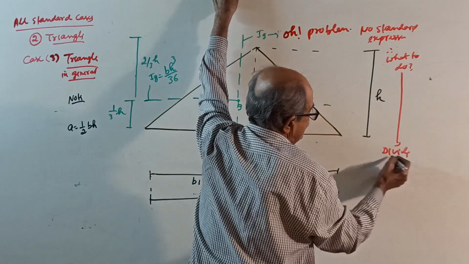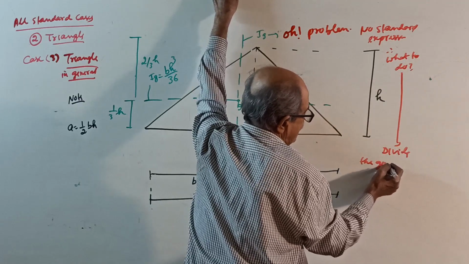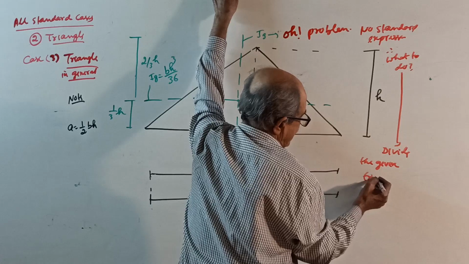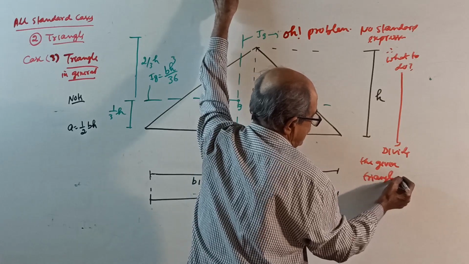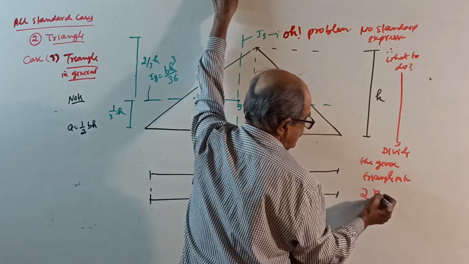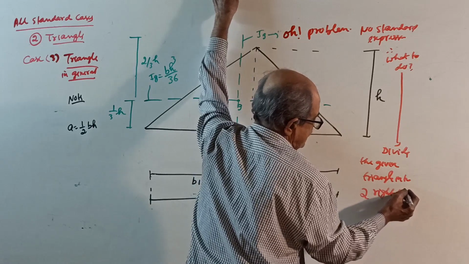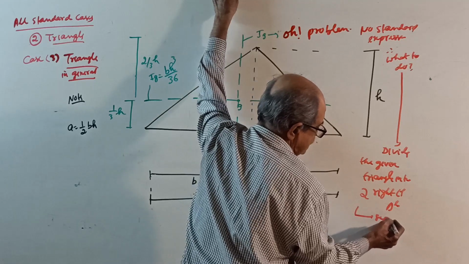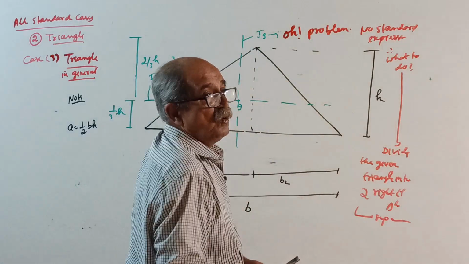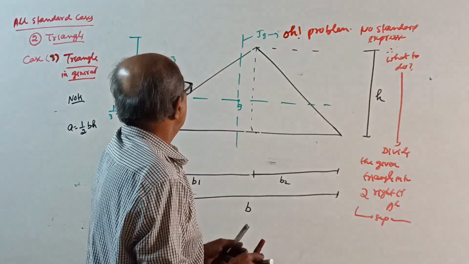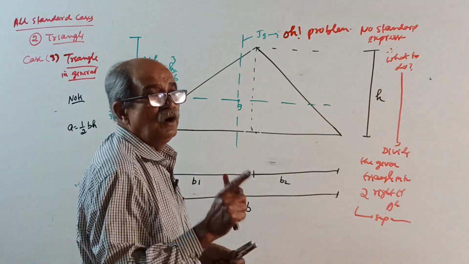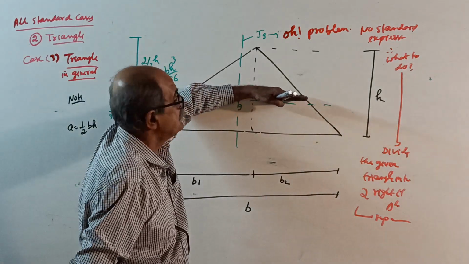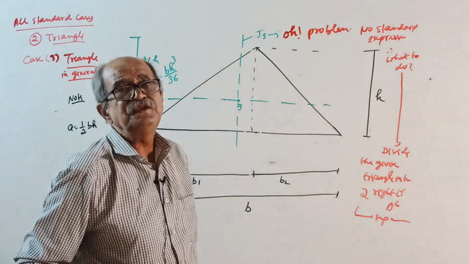Divide the given triangle into two right angle triangles and consider each of them separately. Therefore, make a note. If your purpose is only I about the axis parallel to the base, there is no problem.